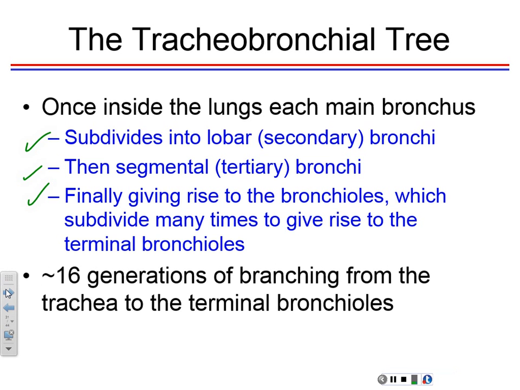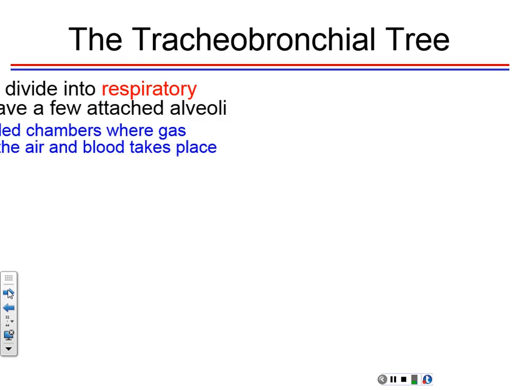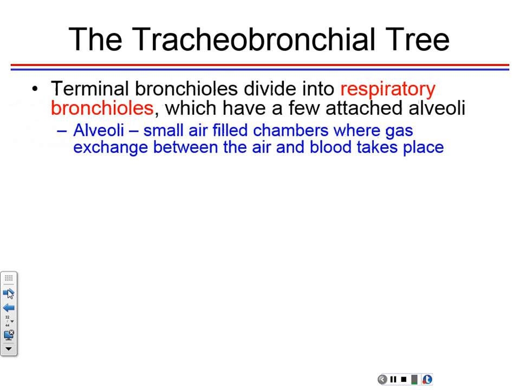You see what's happening? So 16 generations to reach the terminal bronchioles, 16 times. Then you get to terminal bronchioles. Okay? You're not done yet. Terminal bronchioles will become respiratory bronchioles. They will branch into that. And then the respiratory bronchioles will start to have little alveoli pockets on them. But we're still not quite done branching yet.